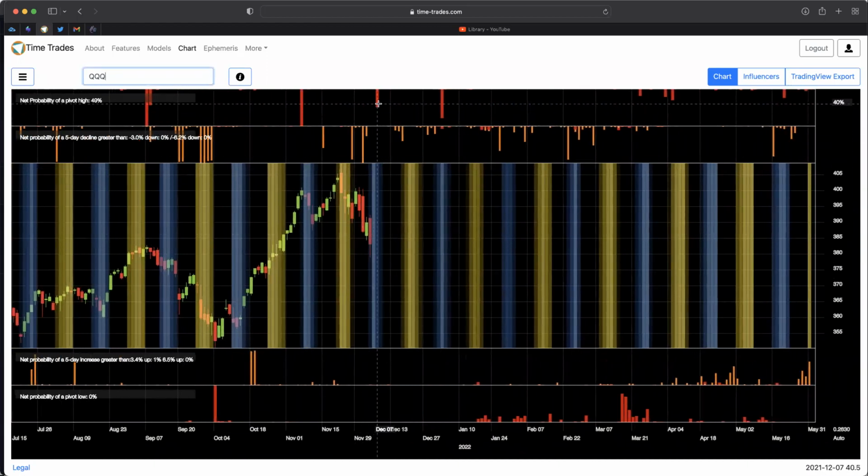In the short term, we've got a pivot high here for December 7th. Again, when we look at the broader context in terms of Gann waves, the Gann wave blue periods tend to show moves down late in the blue period, right? So the last blue period we had here, there was a move down late in blue.